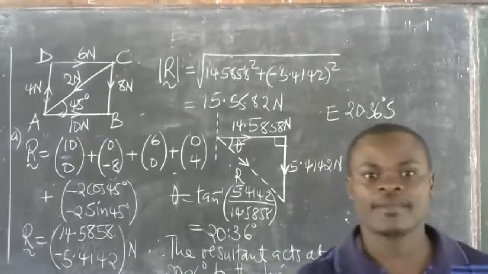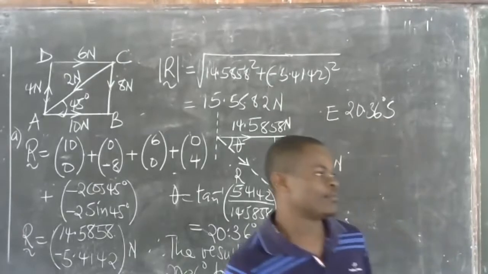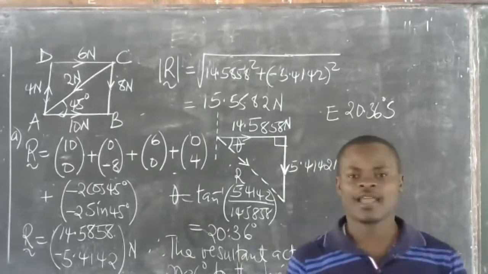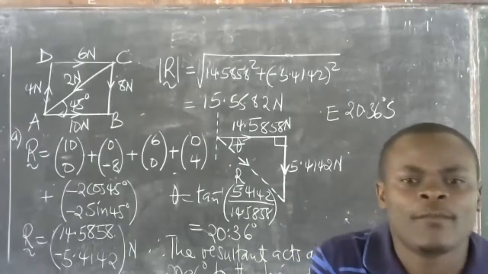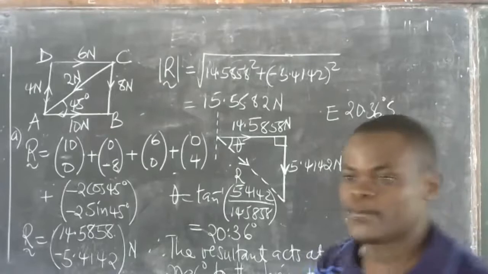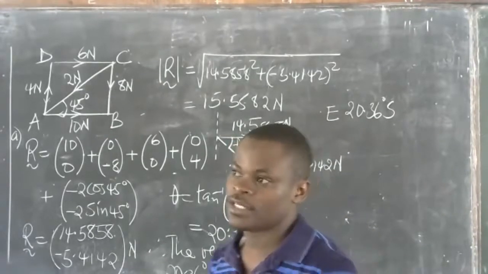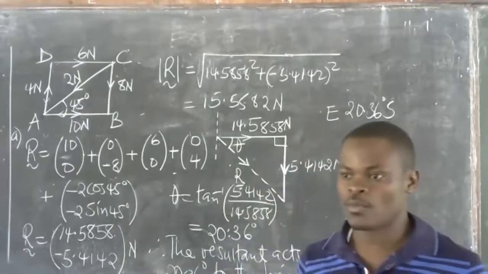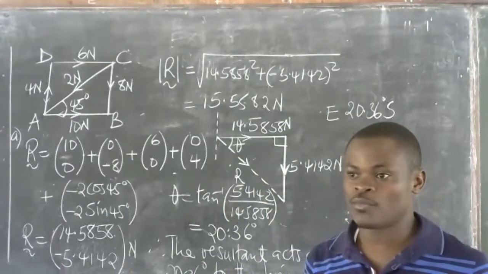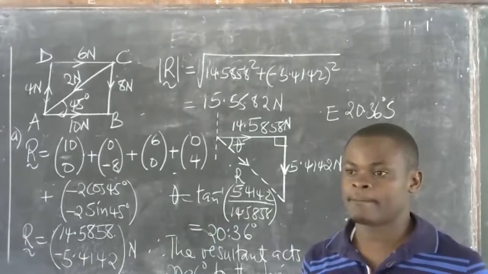You can try part B. I left this question last time. What was part B saying? Find the equation of the line of action of the resultant force and height, or otherwise determine the point where the line of action touches the area.